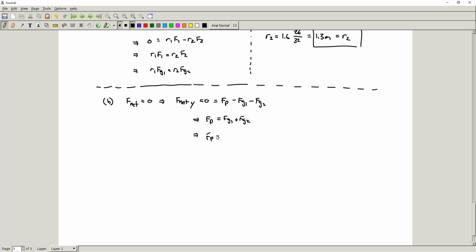We're going to find that FP is equal to m1 g plus m2 g. We can clean that up a little bit to just say g times m1 plus m2. And at this point we can substitute in numbers. This gives us an FP equal to 9.8 times 26 plus 32, which gives us a total of 568 newtons for FP.